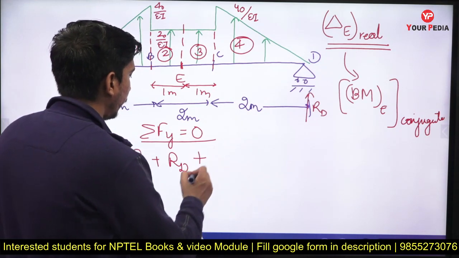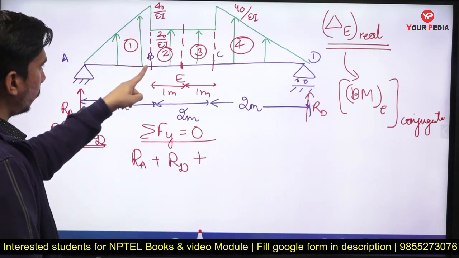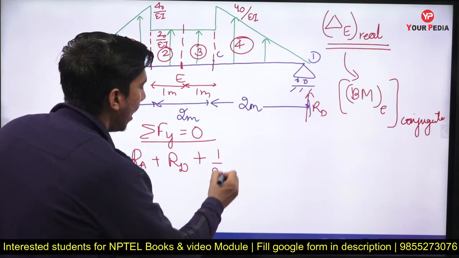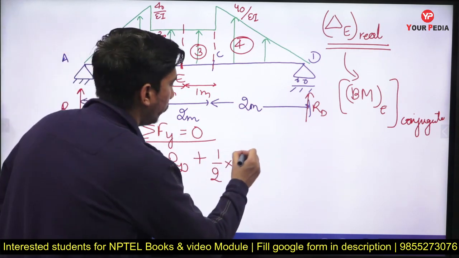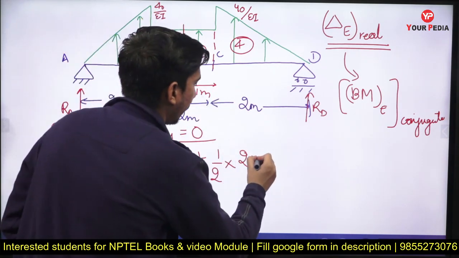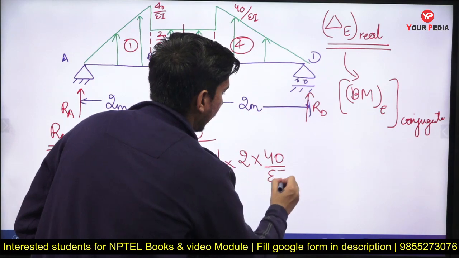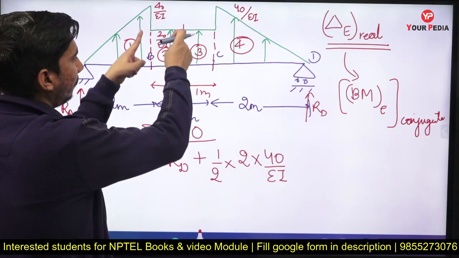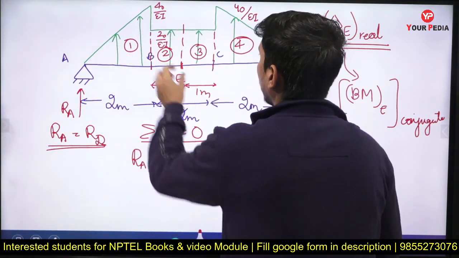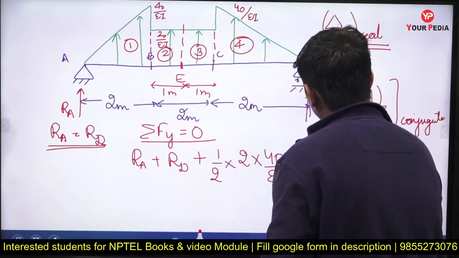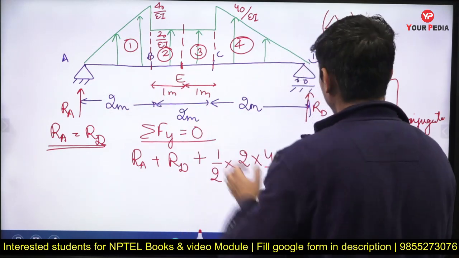So now for this portion I'll find the equivalent loading first. This will be 1 by 2 into 2 meters, and the ordinate is 40 by EI. Now for this particular portion, the ordinate is 20 EI and the base distance is 1 meter.